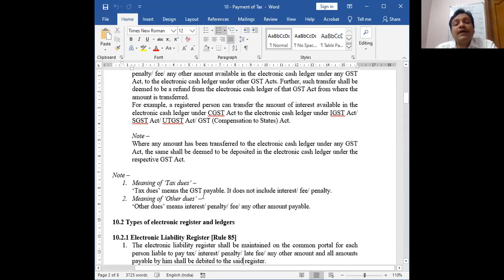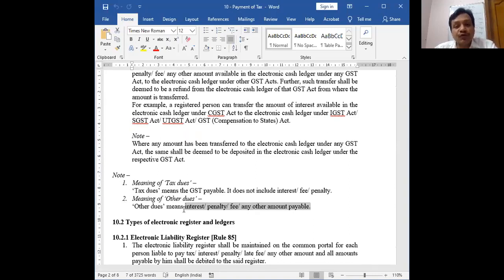Now, everywhere in section 49 where tax dues is used, it means only GST. If somewhere the words written are tax dues in section 49, it means only GST. And other dues, wherever the words are used, mean other than GST: interest, penalty, fee, or any other amount. In total, there are only five things which you have to pay under GST laws.